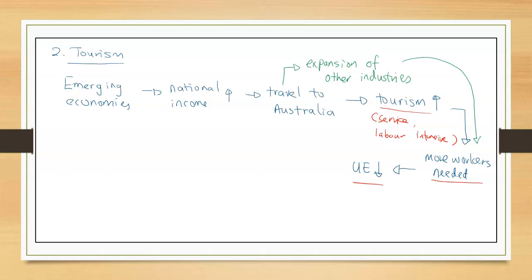Okay, so for example, buy local products, spend on other local companies, buying souvenirs and things like that, food and beverages, and all this contributes to the expansion of other industries as well. So when other industries expand, again, more workers needed. So that's how this is linked.